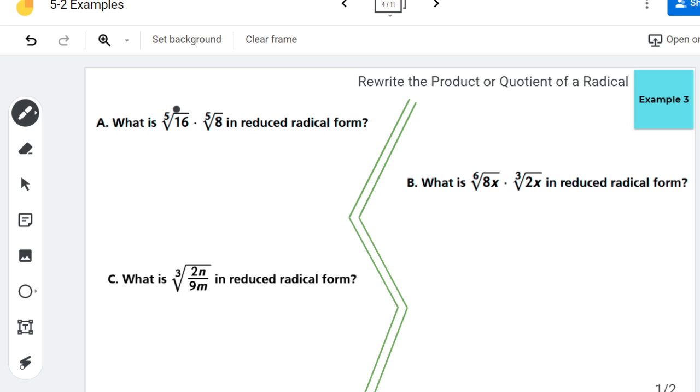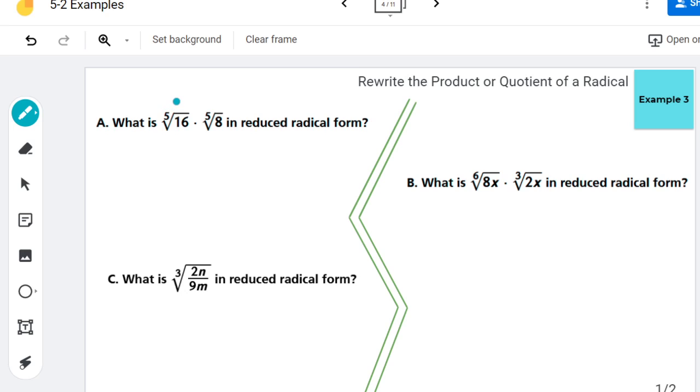All right. The first thing to remember is that roots can be written as exponents. And so a lot of times these exponents are added together when we're multiplying here, right? So when I go to multiply here, I have to remember that they have to have the same root.